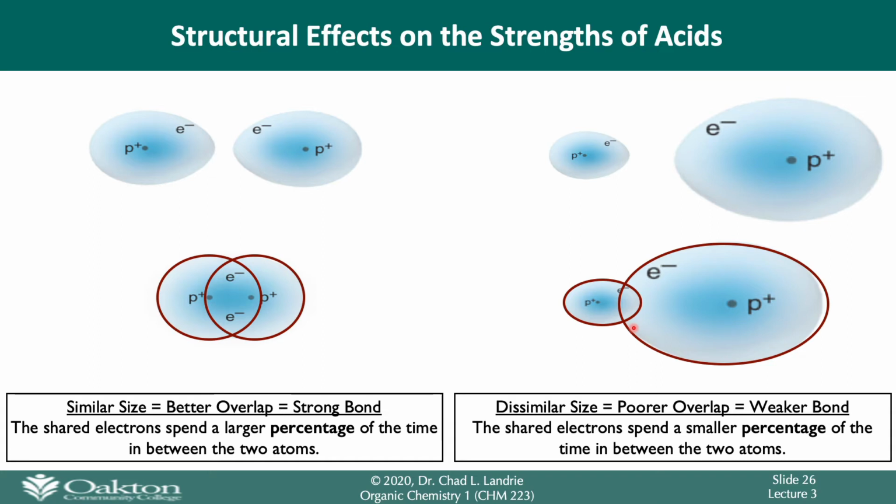And so we have not increased the amount of electron density to a great extent in between the two nuclei of these atoms. And so the left case represents similar sized orbitals, better overlap, and a stronger bond. Whereas the right-hand side illustrates dissimilar sized orbitals, poor overlap, and a weaker bond.